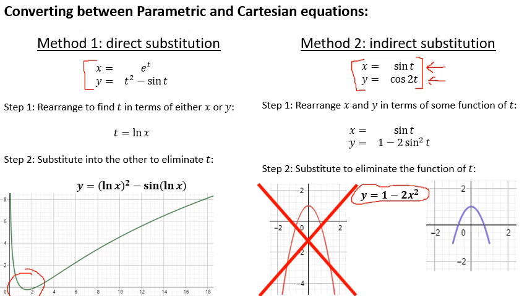X takes its time and goes from 1 down to -1, and then it goes back from -1 up to 1, and in the time it takes to do that, while t goes from 0 to 2 pi, y has gone from -1 up to 1, back to -1, up to 1 again, back to -1.